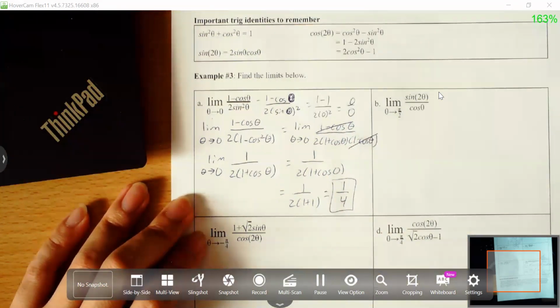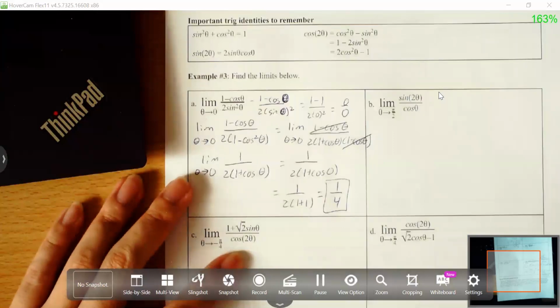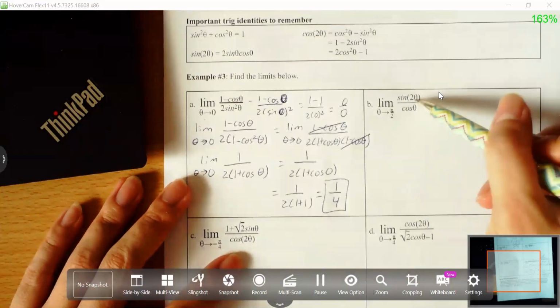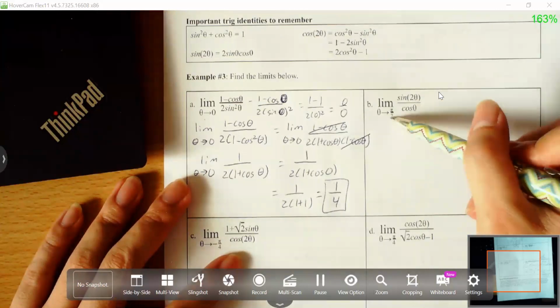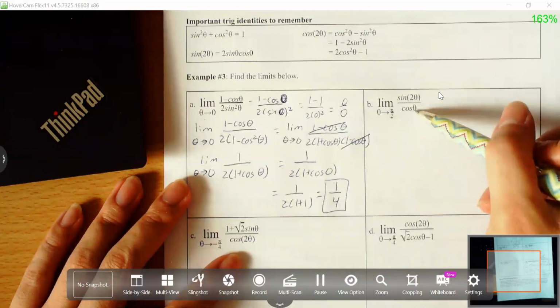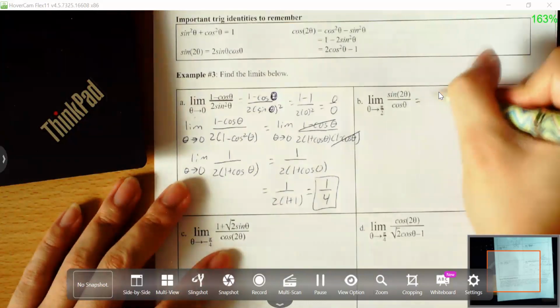Letter B is actually pretty easy. So if you could see this in your head, 2 times pi over 2 is pi. Sine of pi is 0, and cosine of pi over 2 is 0. Okay, let me just do that. I'm just going to show its indeterminate form.